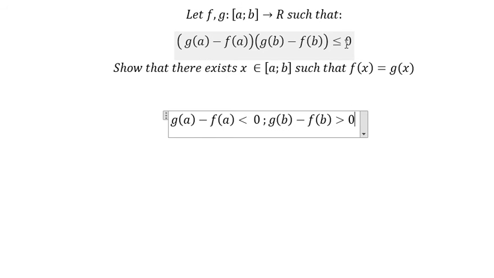Why? Because one negative multiplied with one positive gives a negative at the end. So this is the reason why we need one negative and one positive.